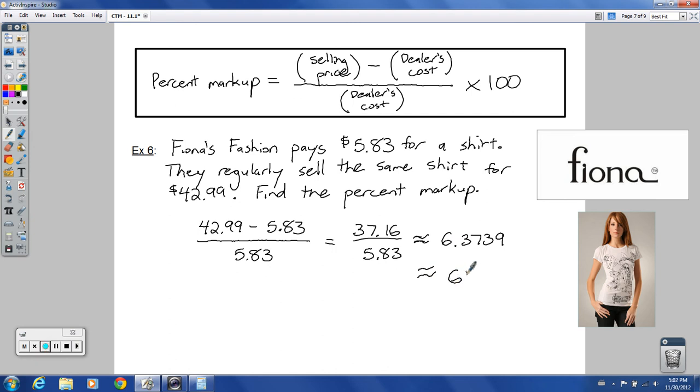So this is crazy, 637.39% more. That means they more than, I don't even know the word for that. Is that like sextupled or something like that? Not quintupled. It's more than 6 times the amount they paid for it is what they're overcharging you, in my opinion. So fashion places like that, I can think of a few stores. I won't name any off the top of my head, but maybe you go to the mall and you buy these ridiculously expensive shirts.